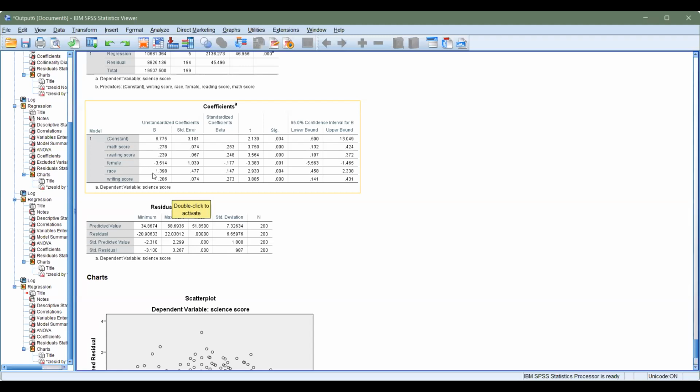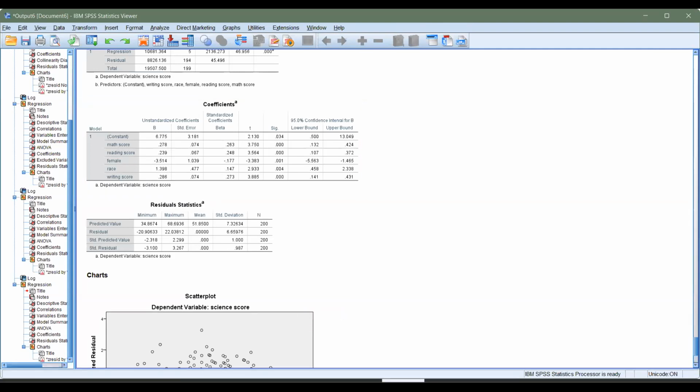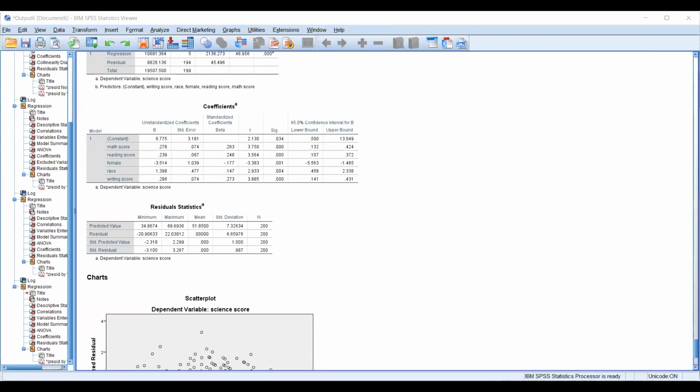Then plus 1.39 into race, and writing score plus 2.8. So what is the interpretation? Holding all other variables constant, what is the value we can expect in the science marks?